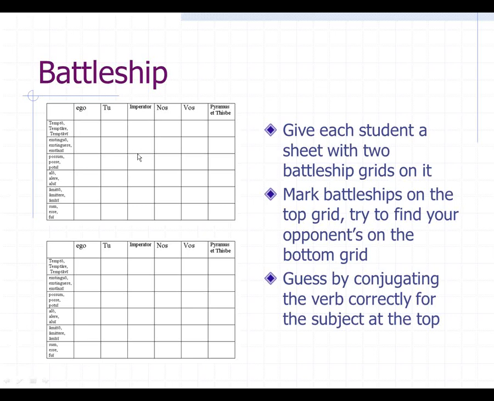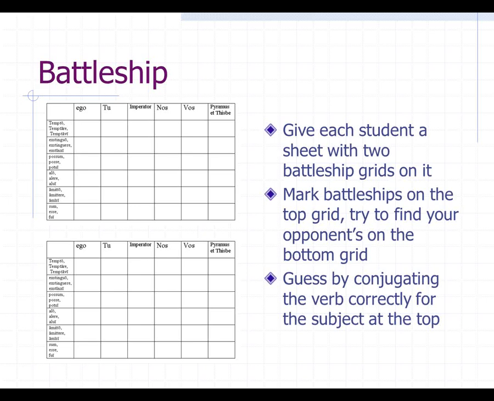For a board this size, I usually have them hide one ship that's 4 spaces long, 2 that are 3 spaces long, and 1 that is 2 spaces long. This grid's a little bit smaller, so like I said, you don't do the full number of ships.